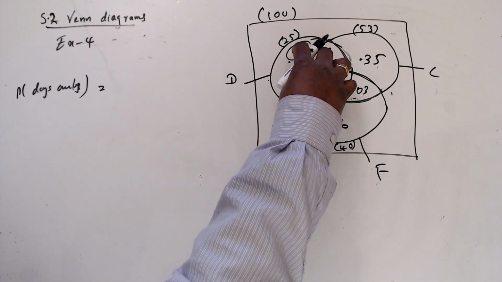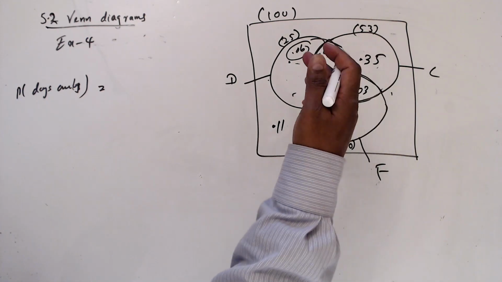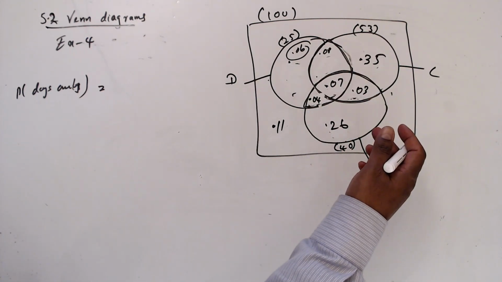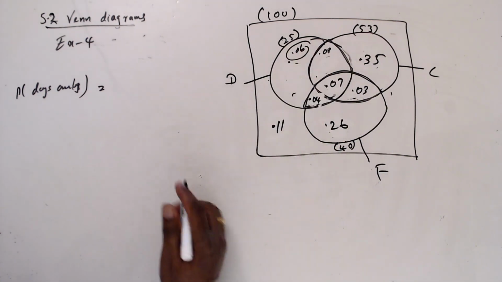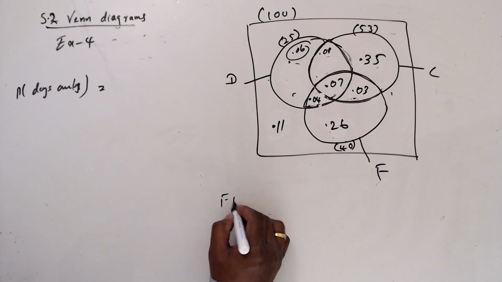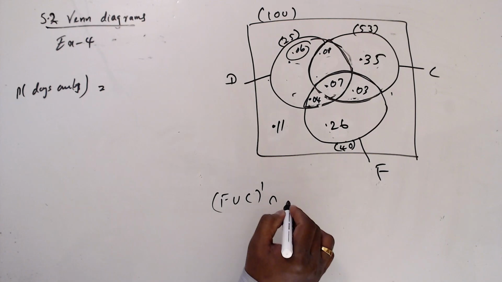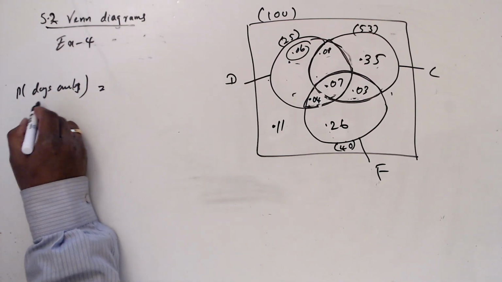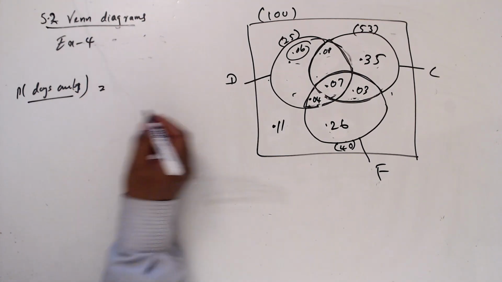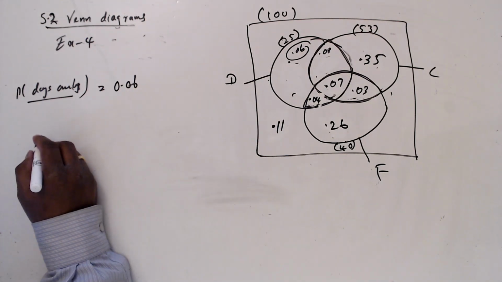You want to get the intersect D with C complement and F complement. So hopefully it should work. F union C complement intersection D. Or we simply write probability of dogs only, that is 0.06.